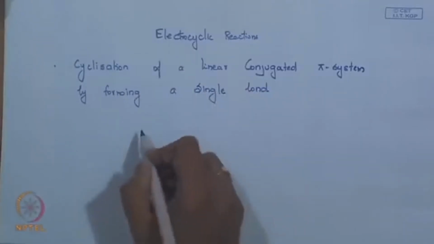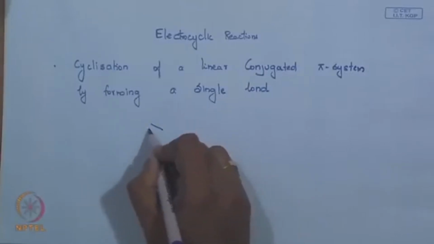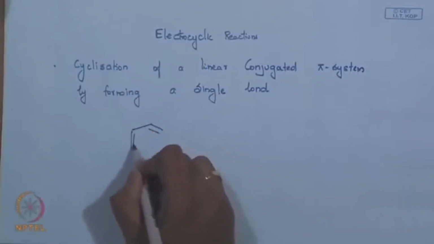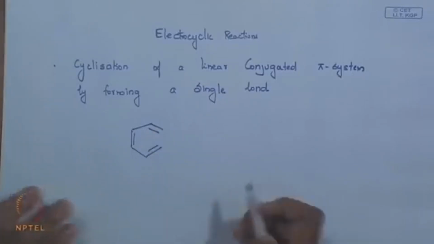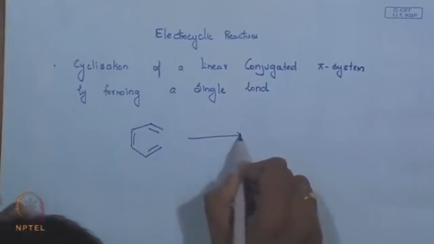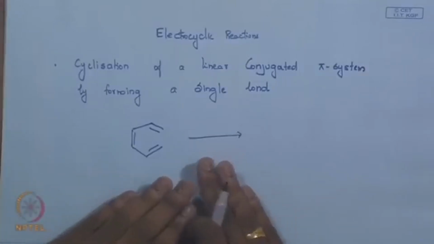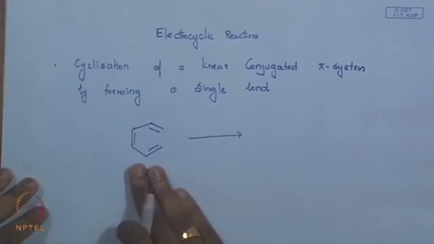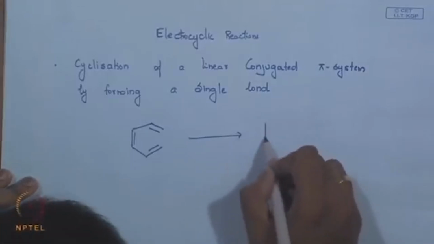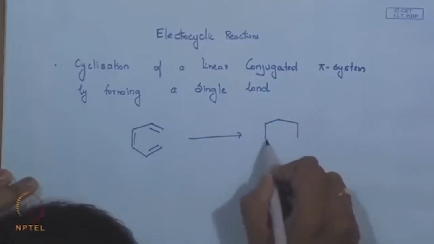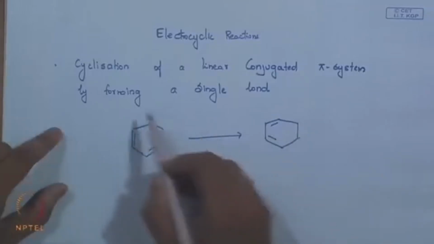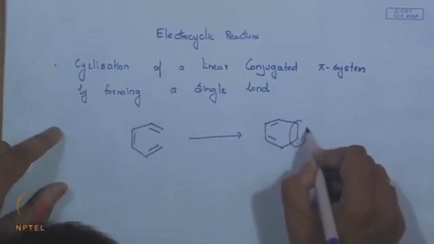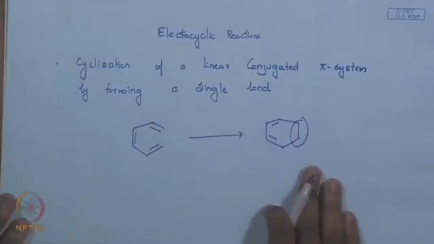So, if you want to show it in schematic, you have a linear conjugated pi system. I will later talk about how you can do the reaction, but if you have a linear conjugated pi system, it can get cyclized by forming a single bond. So, this is what we are saying.